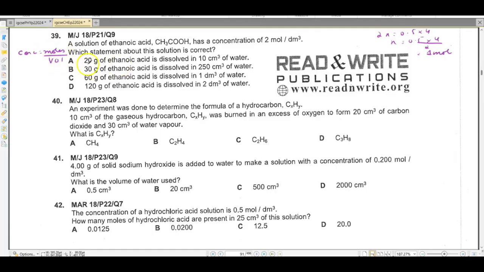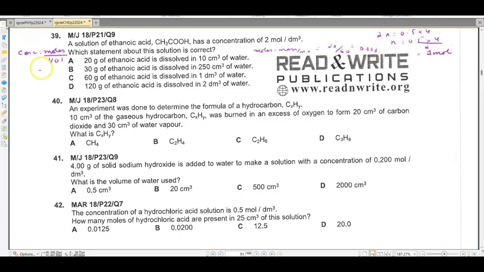So 20 grams of ethanoic acid will have 20 by, ethanoic acid's MR is 60. This is going to be 0.33.